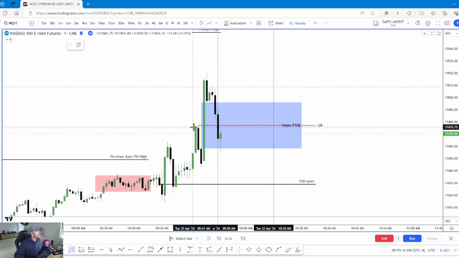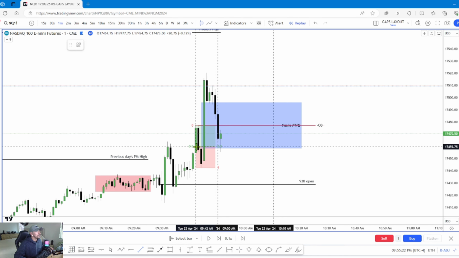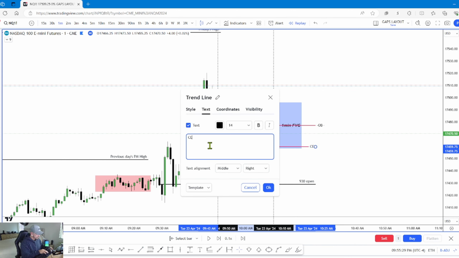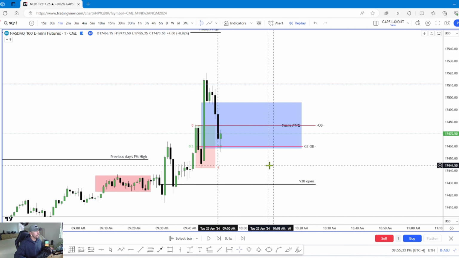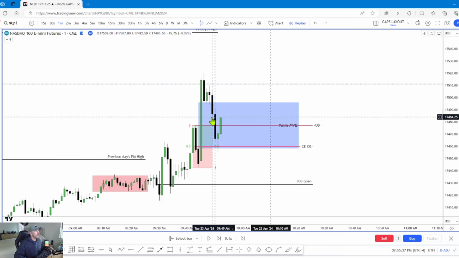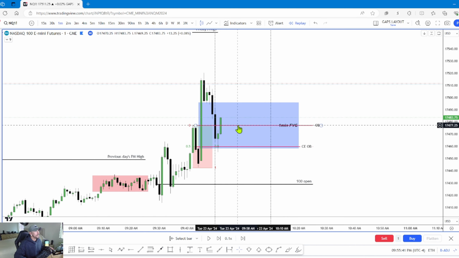So we want to measure this here. And we want it to respect with the candle bodies at least 50% of this order block. So it would be CE of the order block. So we get a nice rejection off of there. We're at equilibrium of this 1-minute.